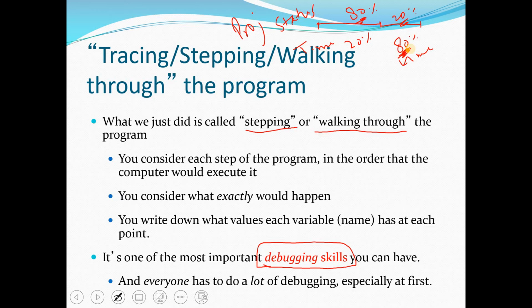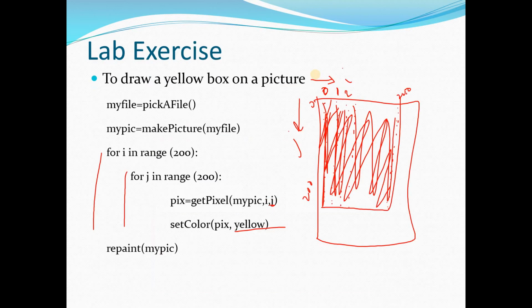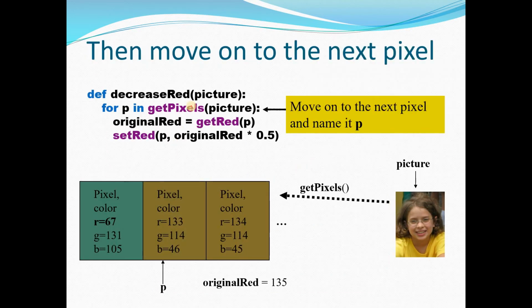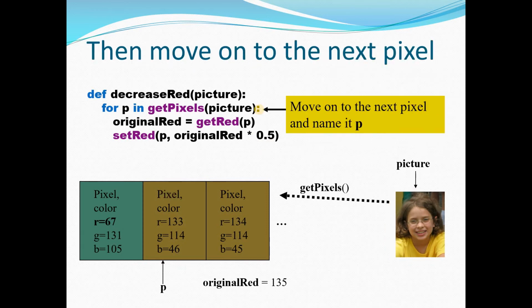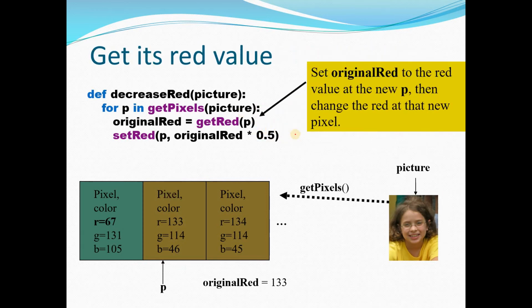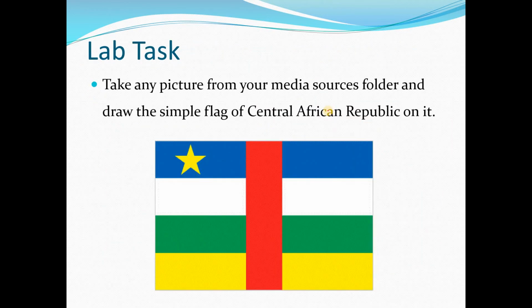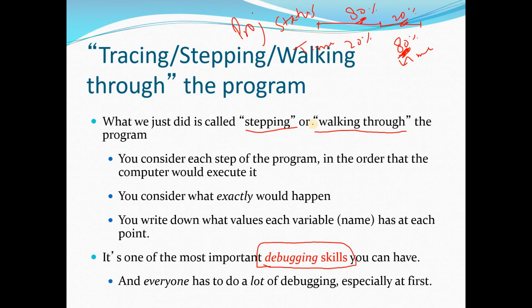So what we just did, if you remember this one, is we go through the project line by line, one line at a time, to see what is happening. This is basically called debugging. So what we did is stepping or walking through the program. You consider each step of the program in the order that the computer would execute it.